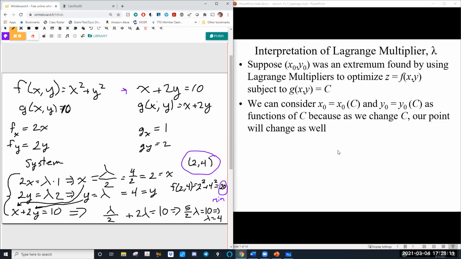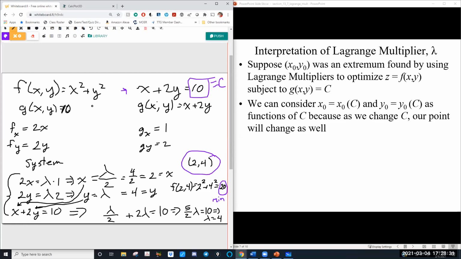But the way we derive this is we think of our optimal point, the (2, 4), as functions of our constraint, our C value here. This is our C. Think of this as a budget.